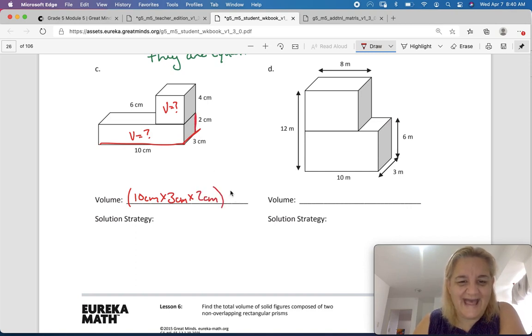And then I have to add the second prism. Okay, now here's what's tricky. So I have the height and I have the width because that's the same as this one. So here's the width and the height. But I do not know the length, okay? It's not square, so it's not a square cube.